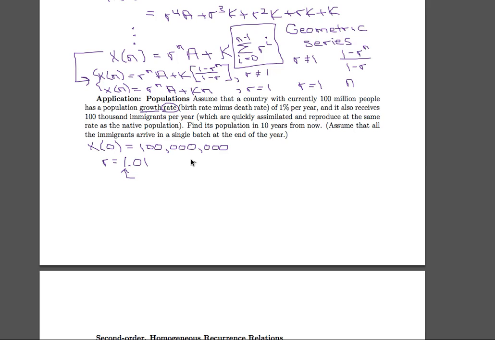So you can think of this as x of n equals x of n minus 1, right? So that's our starting population plus its growth. And then maybe plus something else, which we'll see in a minute. And so we could factor out the x of n minus 1 here and get r as 1.01, right? So that comes from here.